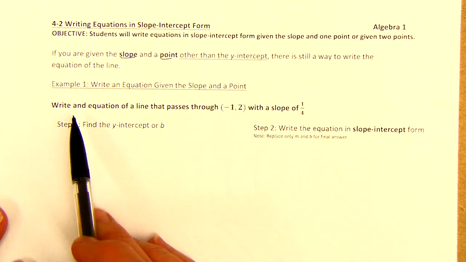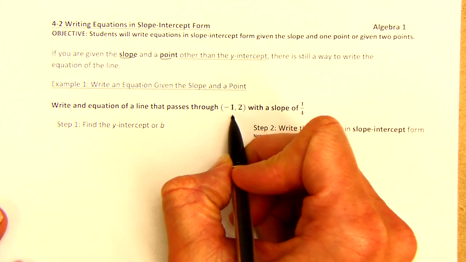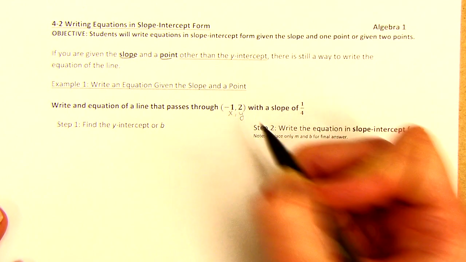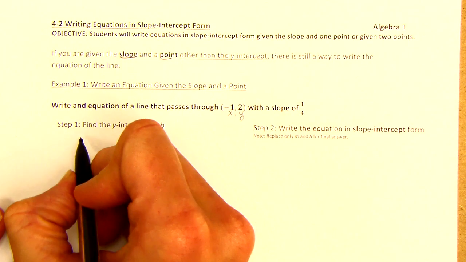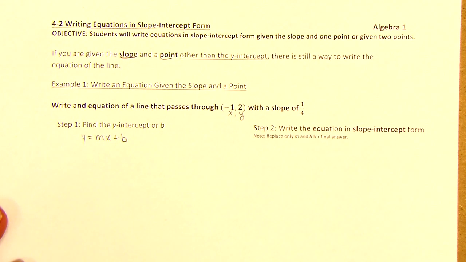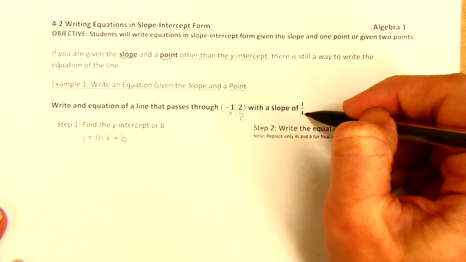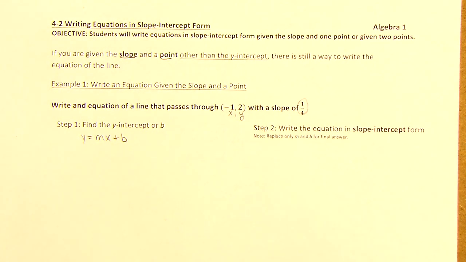It says write an equation of a line that passes through a point. So remember, that is an x and a y that will work in your equation. So in your equation, y equals mx plus b, we're going to put 1/4 in for m because that is your slope.